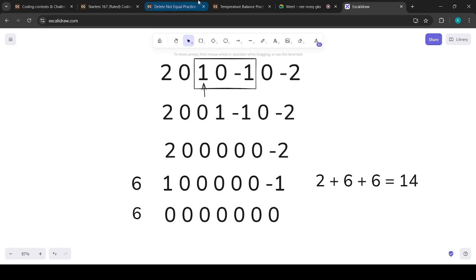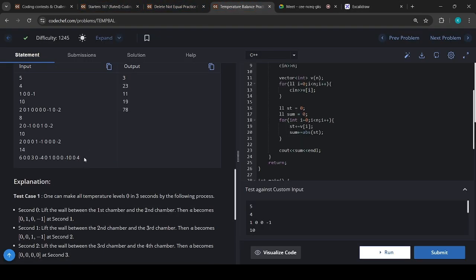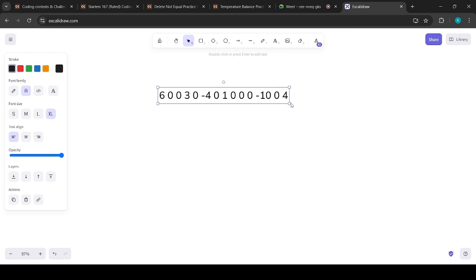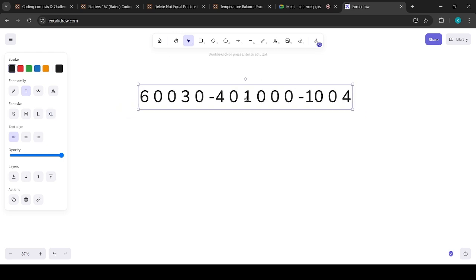So let's take this bigger one. If we want to neutralize all the chambers, then we have to shift the positive ones to the negative ones. Means the positive numbers will neutralize the negative numbers and all will become 0.